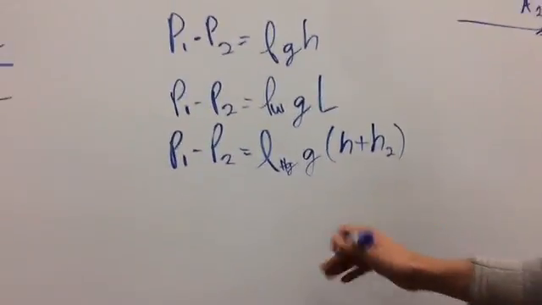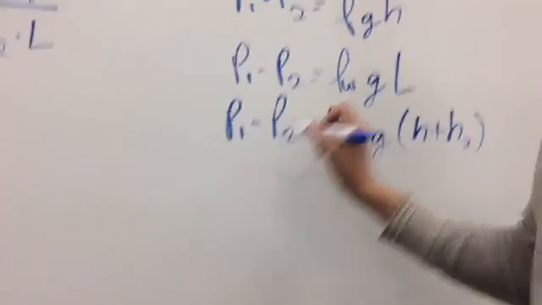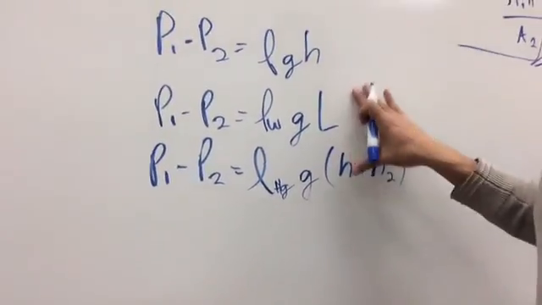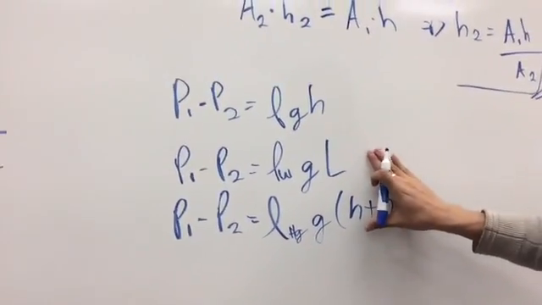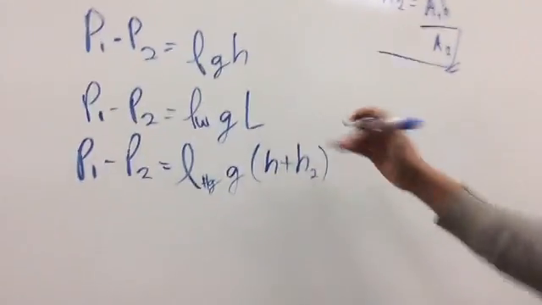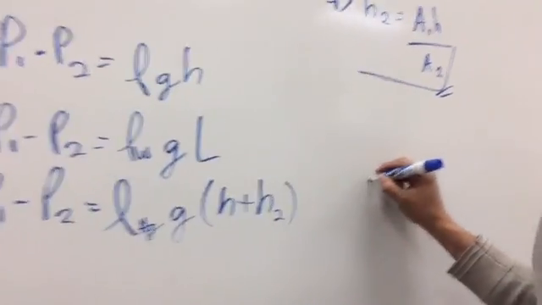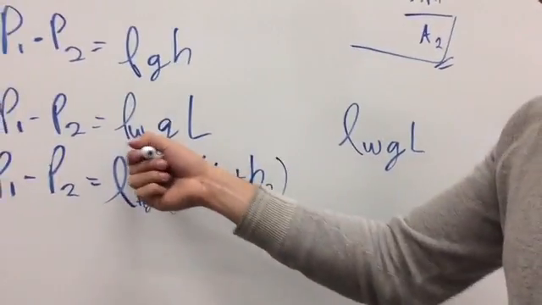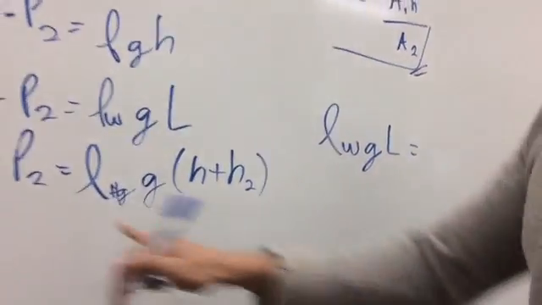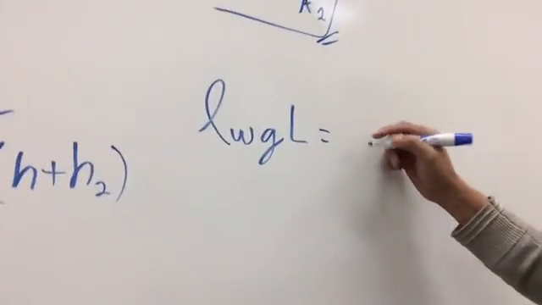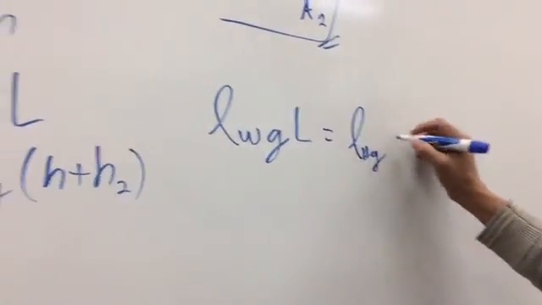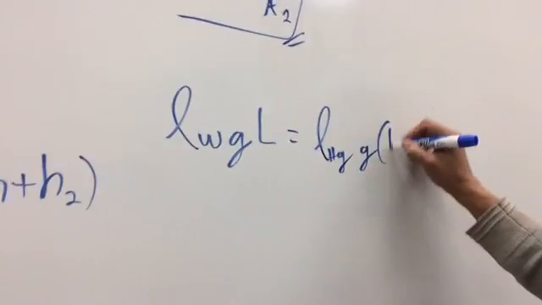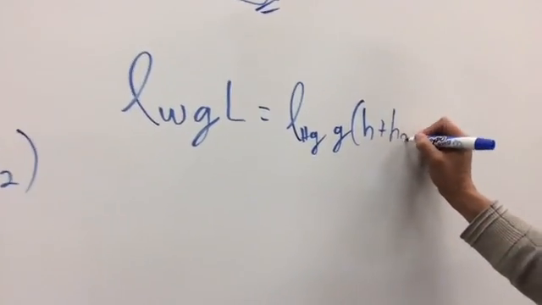Then, once we have these two equations, we know that this part is the same, so we can set these two equal, okay? We have that the density of water times the gravity times the length is equal to the density of the mercury times the gravity times the sum of the heights.